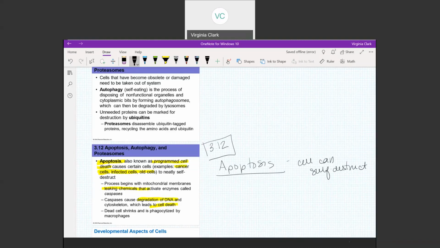So apoptosis, as programmed cell death, essentially means that the cell has the ability to say, my function is no longer working, I need to destroy my structure, and it can actually turn itself off by killing itself and self-destructing. So that's really the focus of 3.2, is just knowing that term apoptosis.